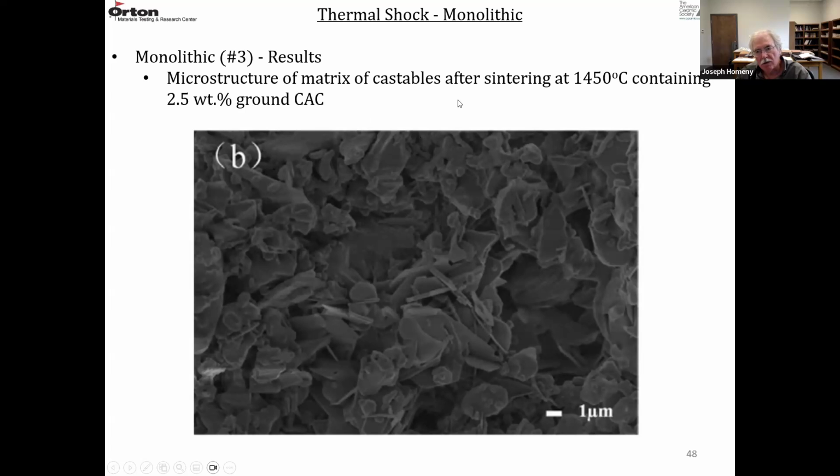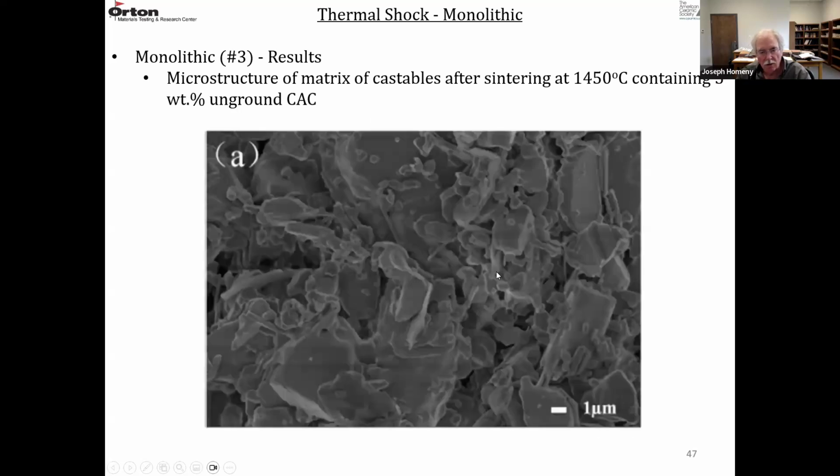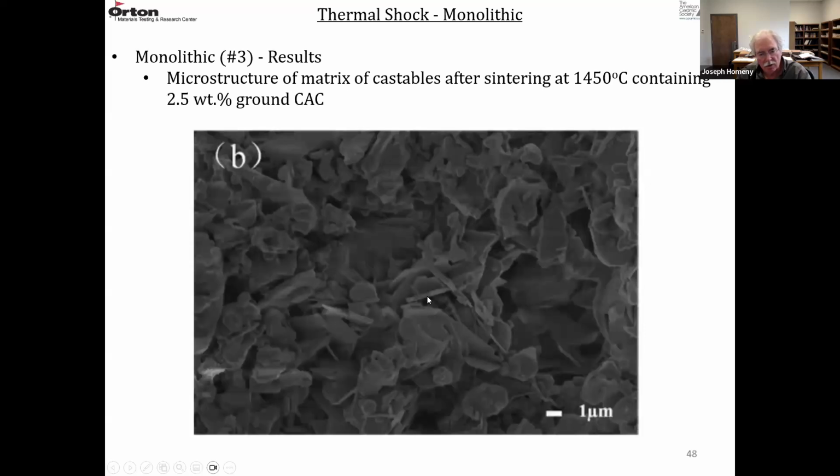This is again 1450 for the sintering, and this is the matrix. It's a 1 micron bar. You start to see these sheet-like platelets starting to develop that weren't really present here. There's a few larger ones, but now you're starting to see a lot of these smaller sheet-like platelets developing.